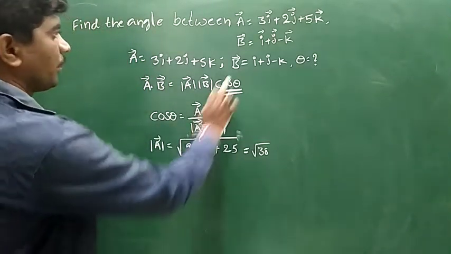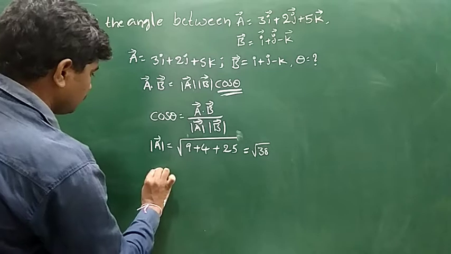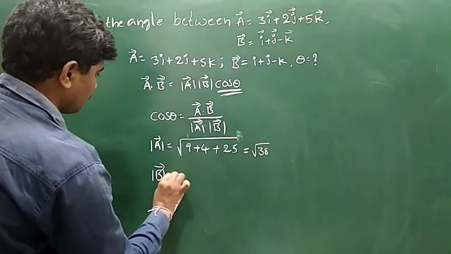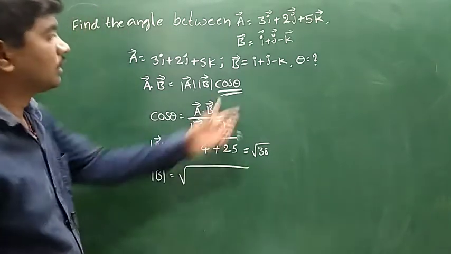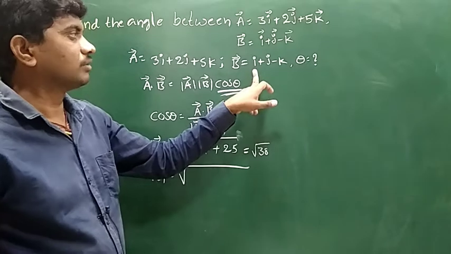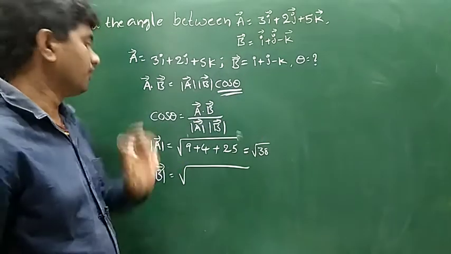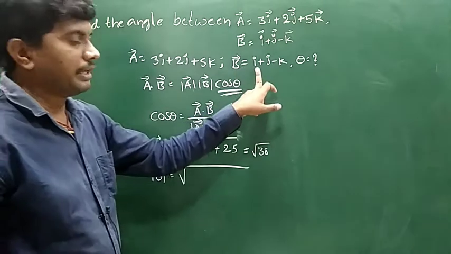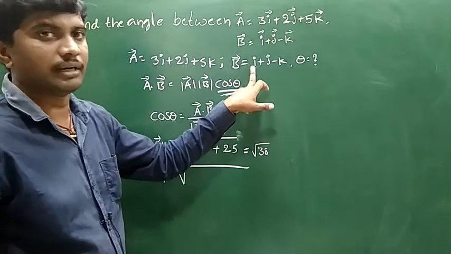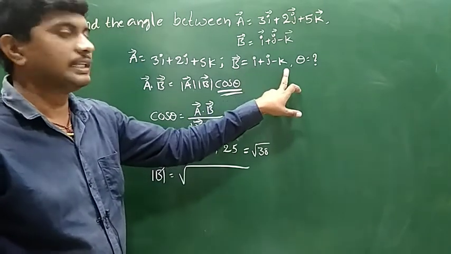Next, to find out the magnitude of B bar. There are three components: Bx, By, Bz. The formula of magnitude of B vector: Bx is 1, By is 1, Bz is minus 1.